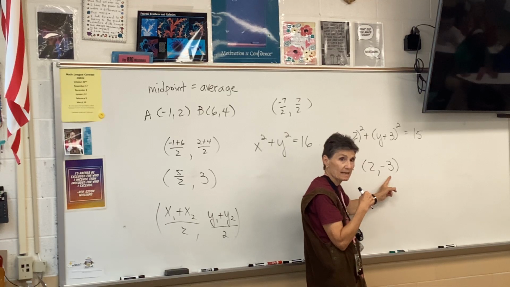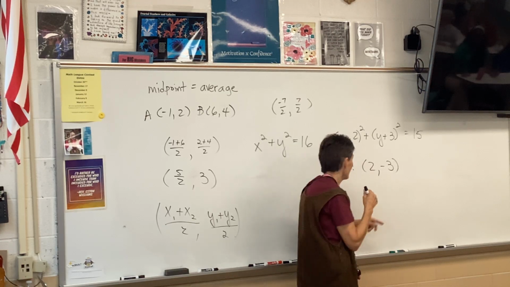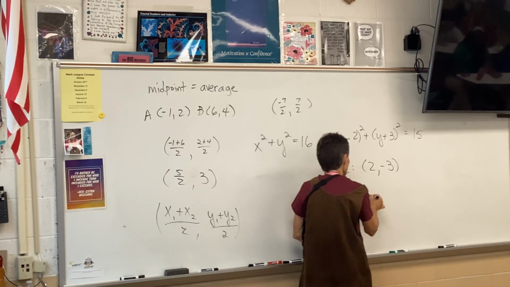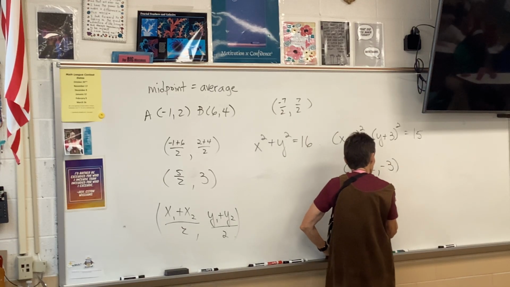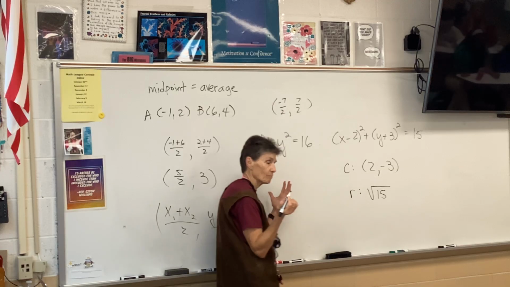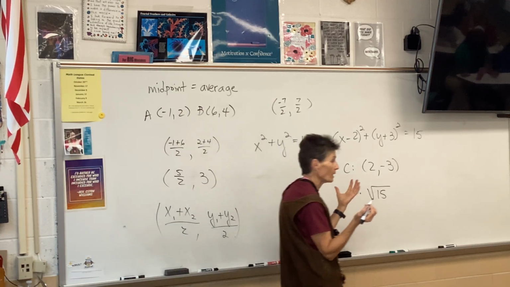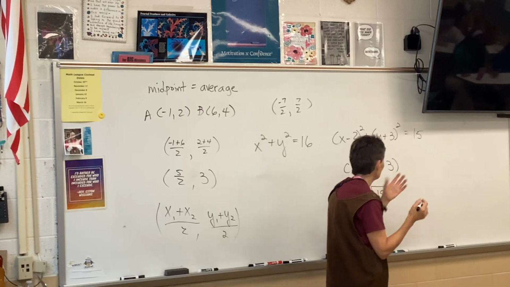I'll do another one in a second, but I won't finish this one. What's my radius? Well, it is the square root of 15. Where did that come from? It's always the square root of that number.